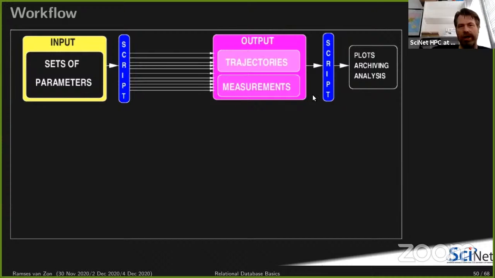The same is true on the other end. Once I have my output, I probably want to create a script to do my plots. By the way, if you're not making plots with scripts yet, do start, because I can tell from experience, having to change a plot after you submitted a paper to a journal, and they said, well, those axis font sizes are too little, or the colors aren't right.